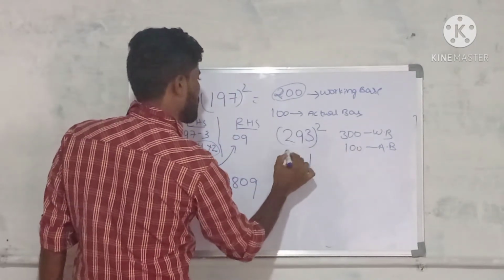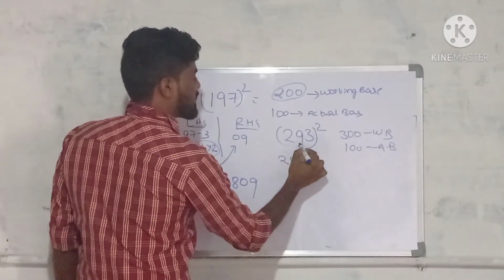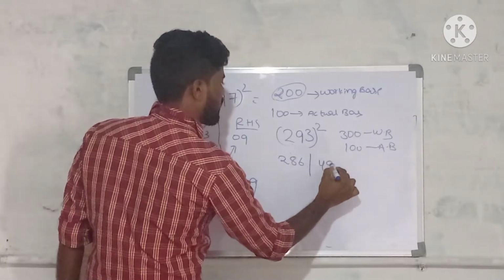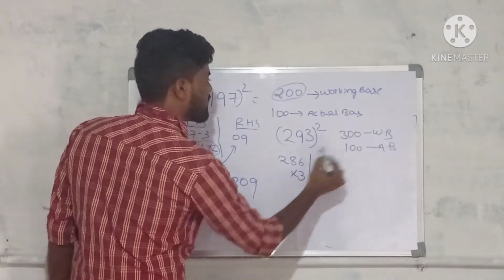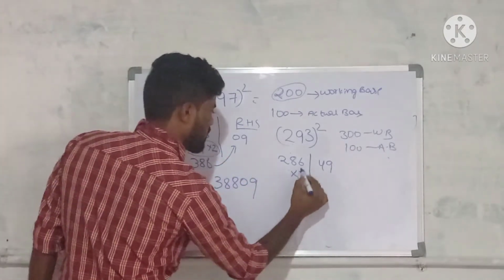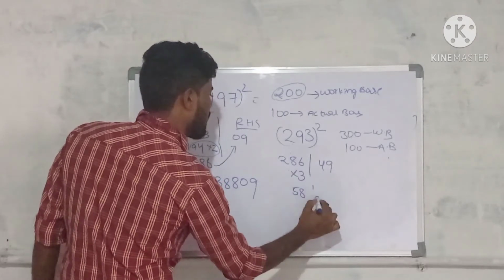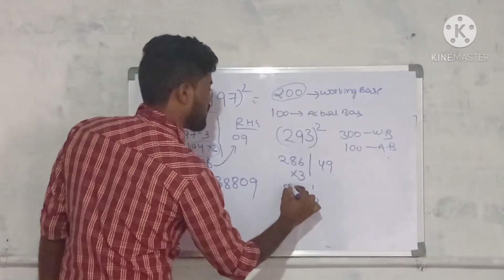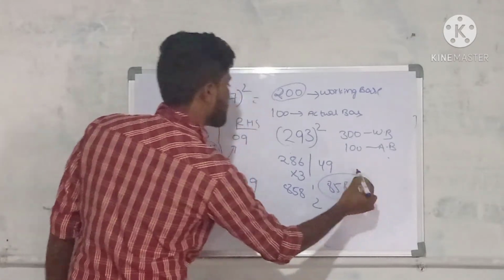Reduce it by 7. 293 minus 7, it will become 286. 7 square 49. 286, multiply it by 3, since we have taken 300 as working base and 100 as actual base. 3 6 18, 3 8 24, 25, 3 2 6, 8. Answer is 85849. This is 293 square.